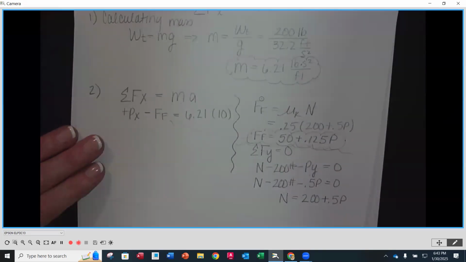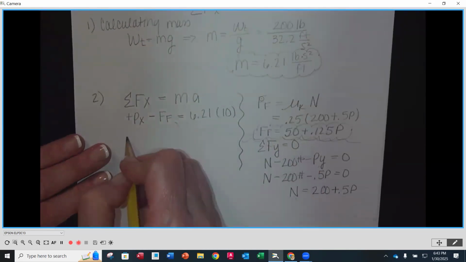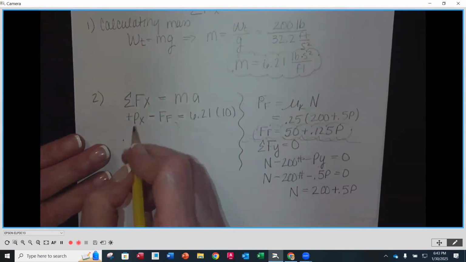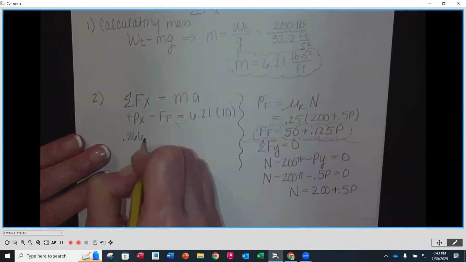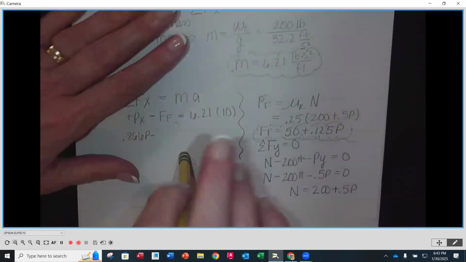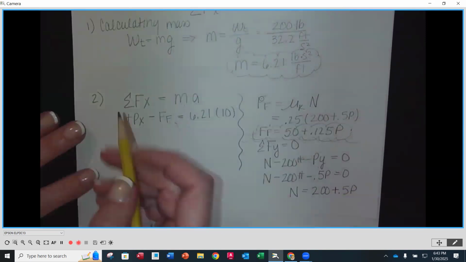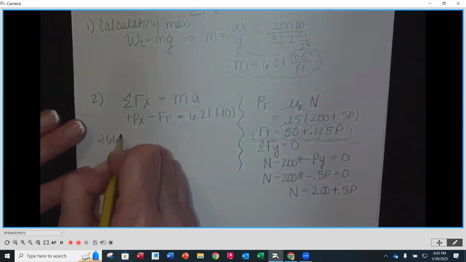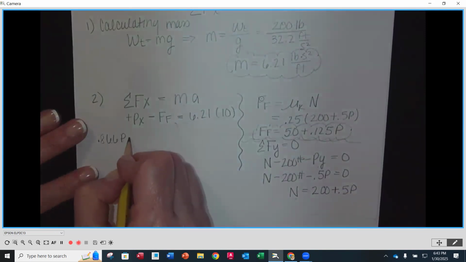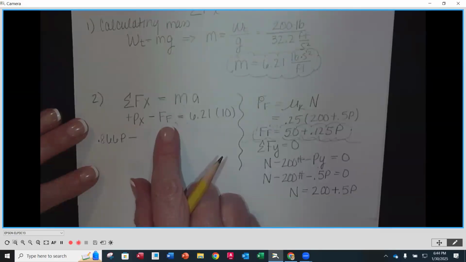Okay. So then I'm going to put that value for PX in there, so 0.866P, and then this is going to be minus the friction force.